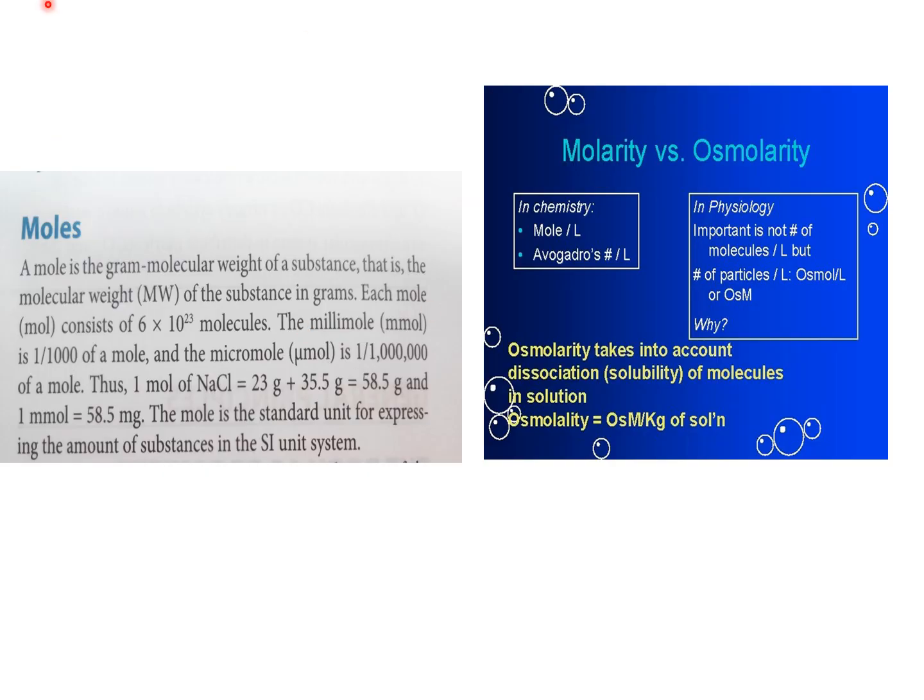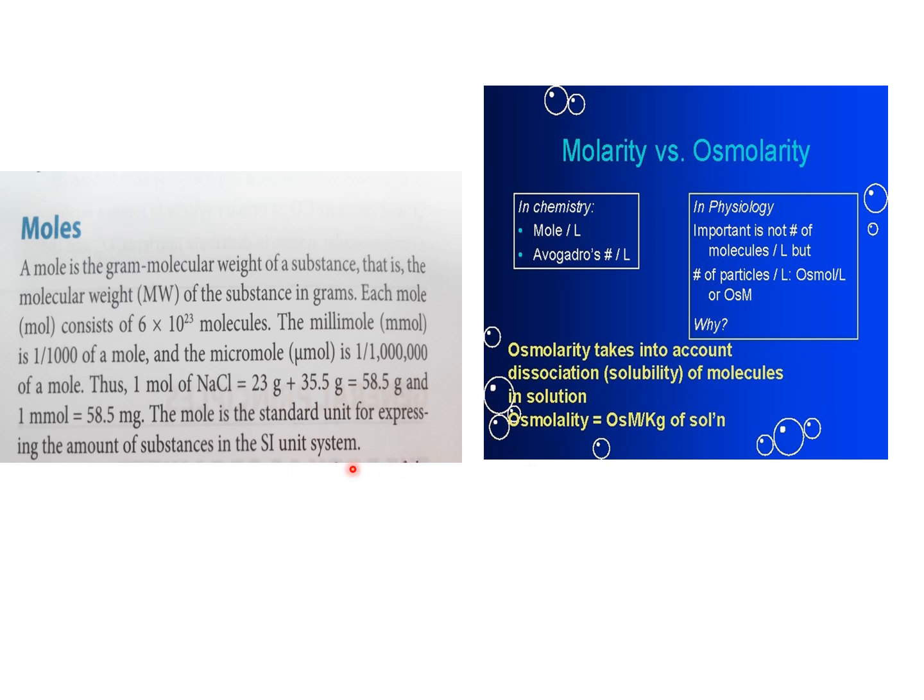Now in chemistry, if we want to express the concentration of any solution, we will say it in terms of molarity, that is number of moles per liter. We know that 1 mole is equal to 6.023 times 10 to the power 23 particles. That is Avogadro's principle.